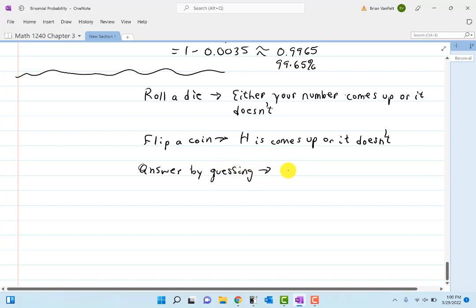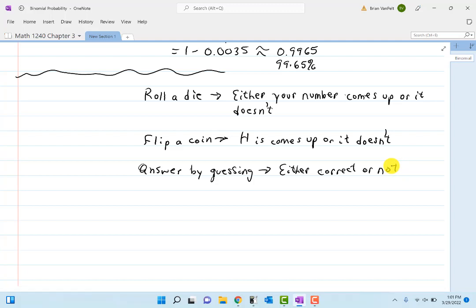For each question, you're either correct or not. So you can see each trial is binomial in the sense that you have two possible outcomes.